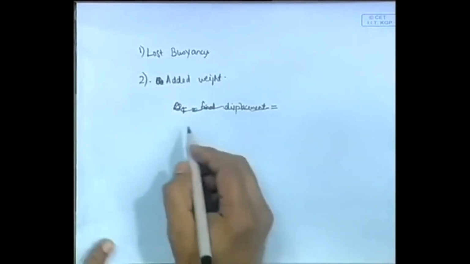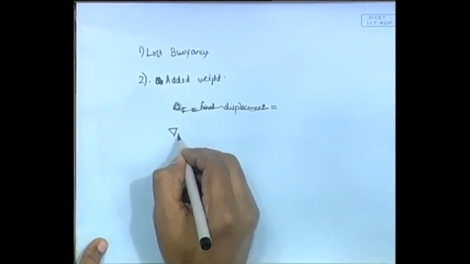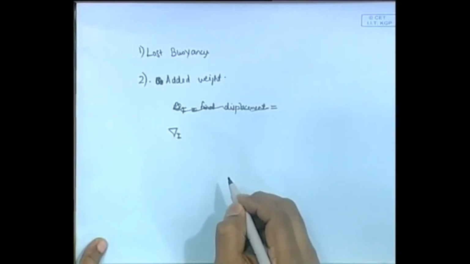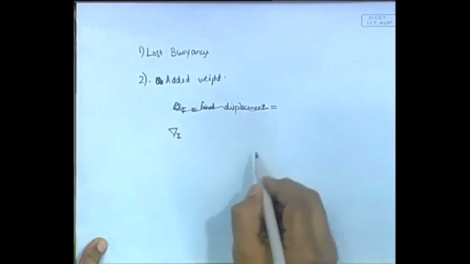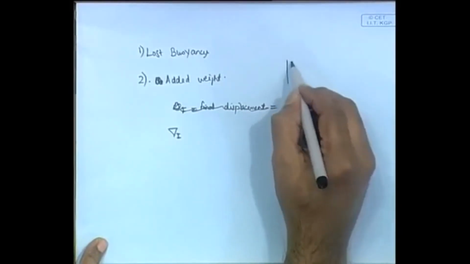Okay, let us do this. Initially we have delta initial. Let us take a very simple case like a box.